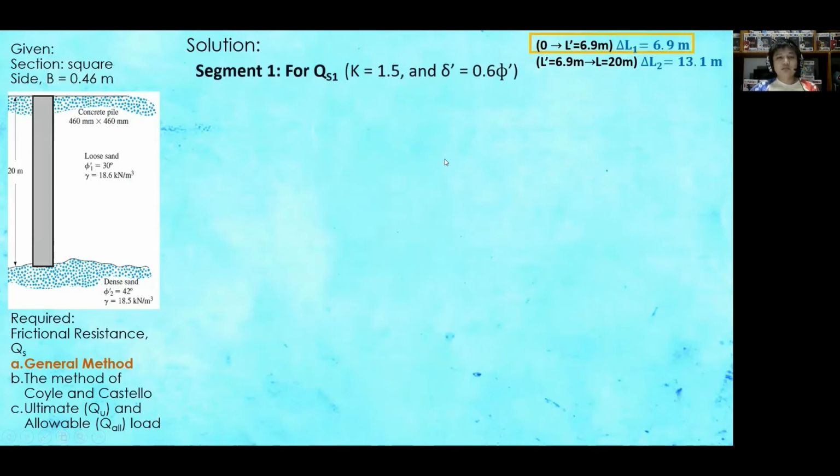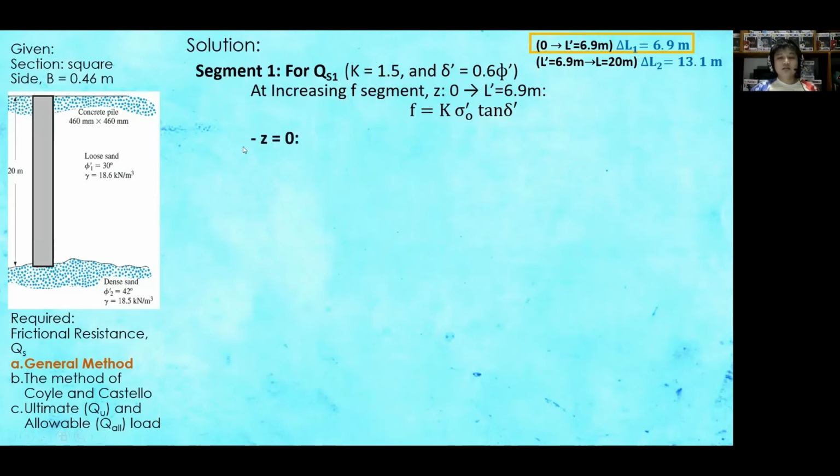So for segment number 1, for our Q sub S1, an increasing F segment, that is for Z of about 0 from ground level to our L prime, which is 6.9 meters. So F is equal to K times sigma O prime times tangent of delta prime.